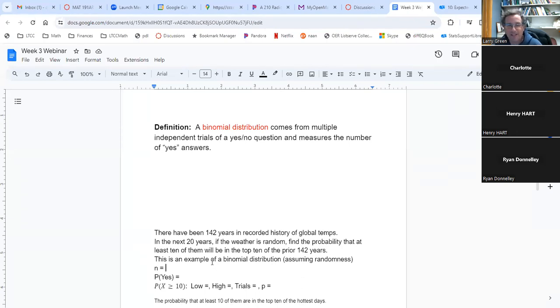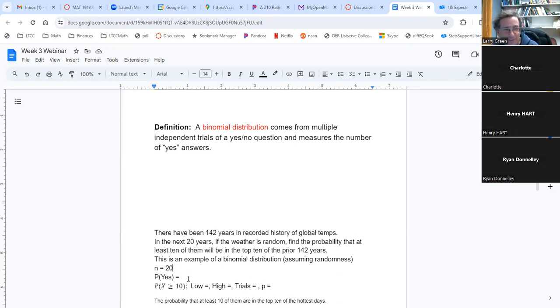The hint is it's one of the numbers there. Yeah, we're surveying 20, because what we're saying is in the next 20 years. So we're looking at these 20 years that are coming up. We want to find this probability. So N is 20. Any questions on reading this question and seeing that N is 20?